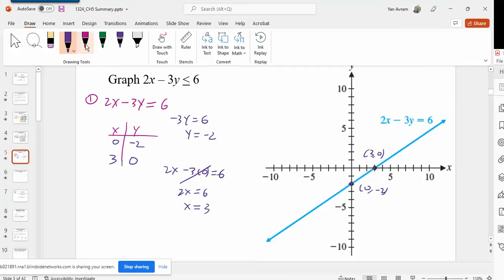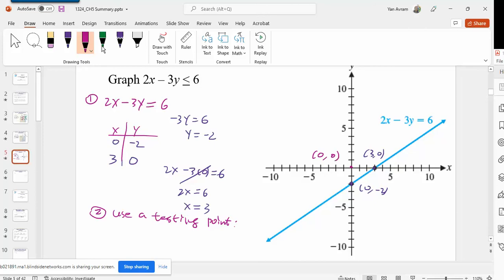And then the second step is to use a testing point to check which side is the true one. I usually like to use (0, 0) because it's easy to calculate, if this origin point is not on the line.